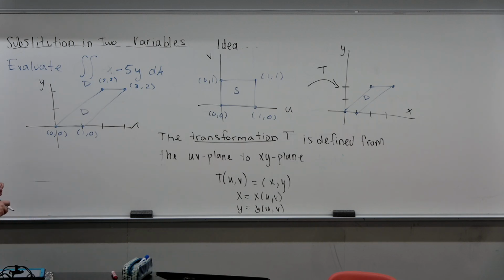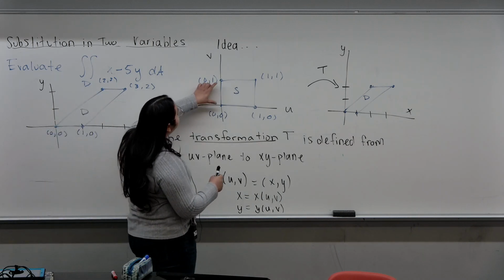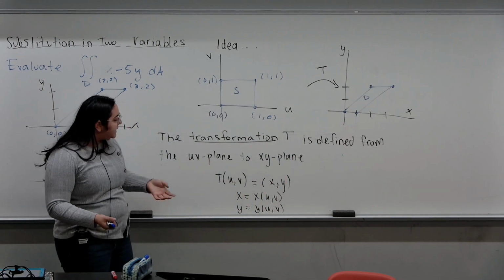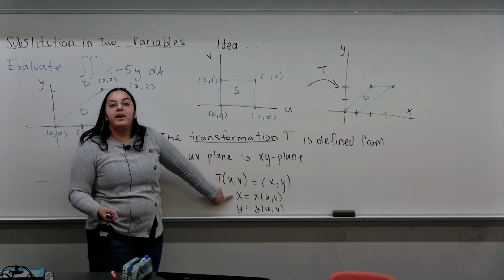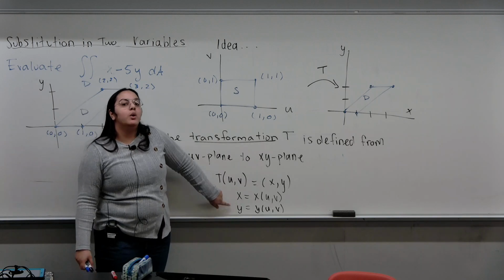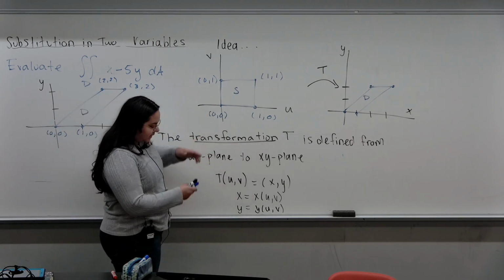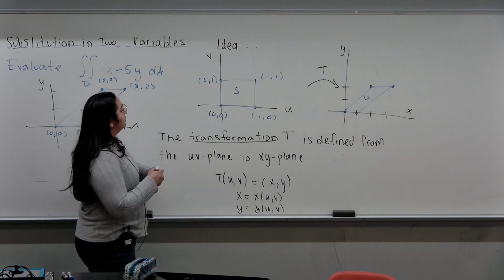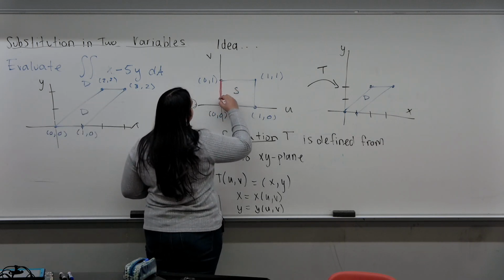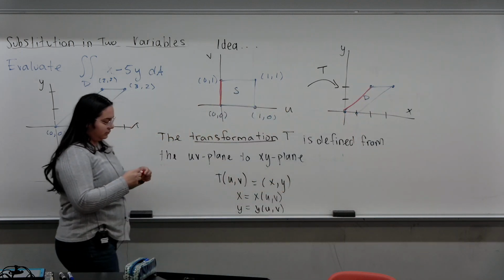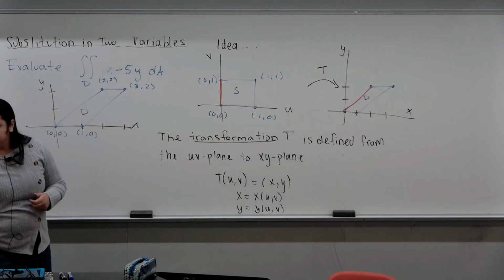Generally speaking, this transformation may or may not be linear. And what I mean by linear is that, in this case, because we're mapping lines to lines, we can think of this as a linear transformation, meaning that how we define my function for x and y will, in a sense, be linear, right? You can see here, region S, we're taking this side of region S, which maps to this side of the parallelogram in region D. So that line got mapped to that line.